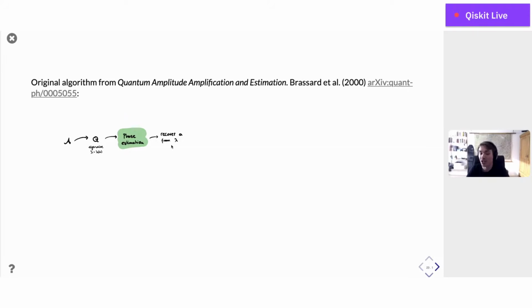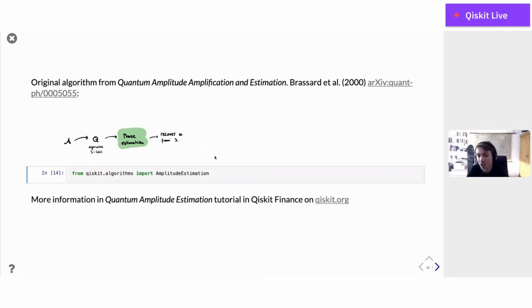And once you have that, you can recover the amplitude from the phase that you estimated. This algorithm is implemented in Qiskit, and you can import it from there and play with it. This is a very crucial algorithm, and especially in the last 2 years, there have been many developments and improvements on this algorithm. More information on that you can find in the amplitude estimation tutorials on Qiskit Finance.